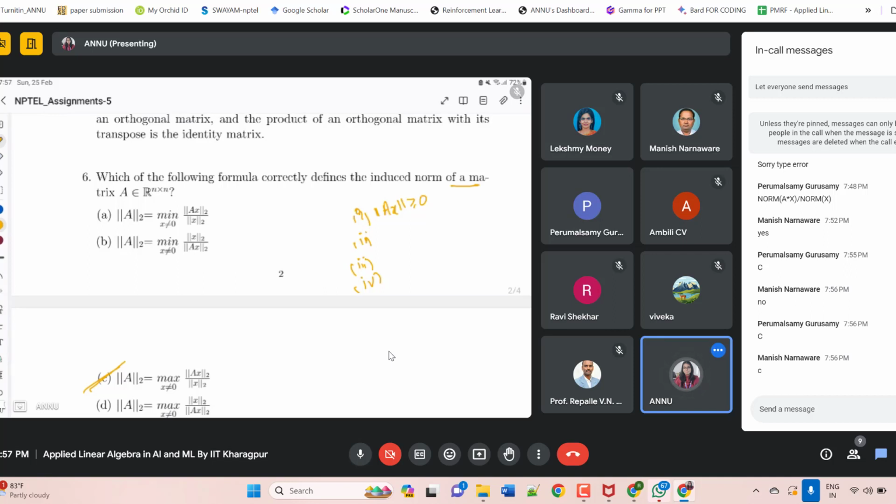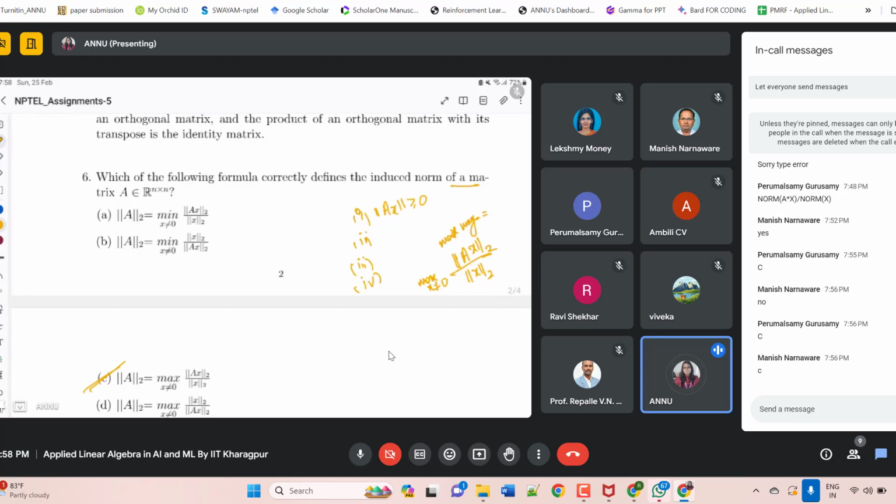What is max magnitude? If you see this max magnitude, what we are doing is maximizing norm of Ax divided by norm of x, such that x is not equal to 0. But it is the same only in case of norm 2.